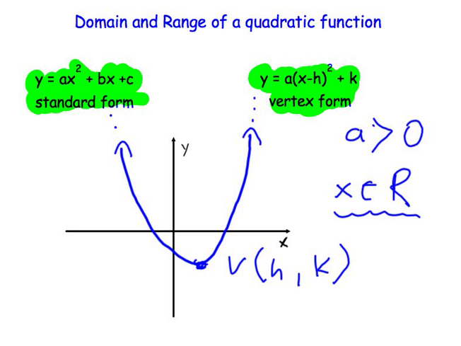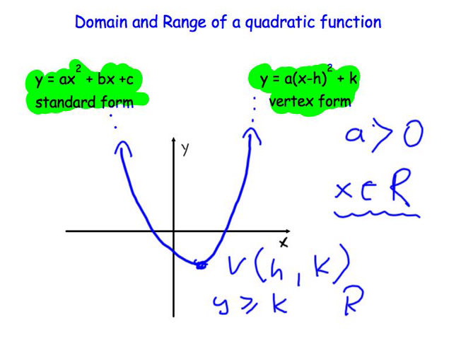So there is an x value such that y is the minimum. That would imply that the range begins from this value of k and goes up. So y has to be greater or equal to whatever the value of k is.